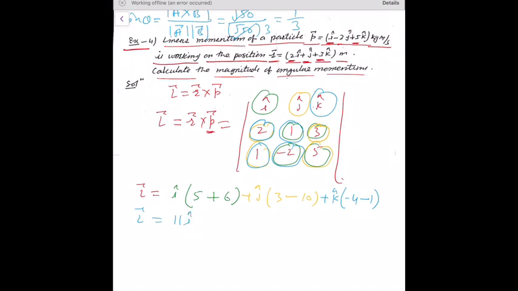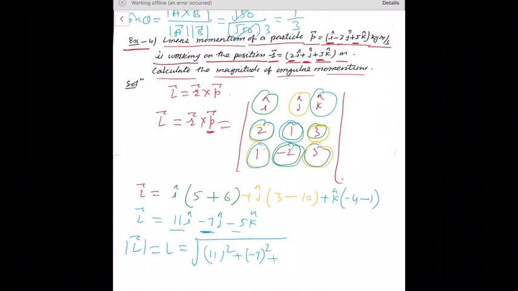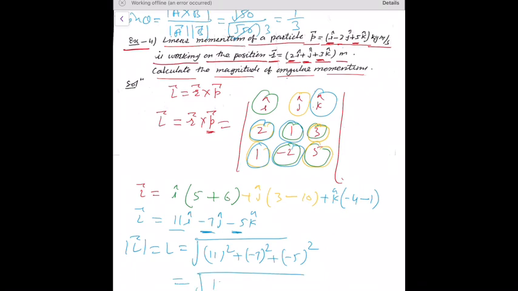So L vector is equal to 11 I cap minus 7 j cap minus 5 k cap. So magnitude of L vector is equal to, here Ax square 11 square, Ay square minus 7 square, plus Az square minus 5 square.